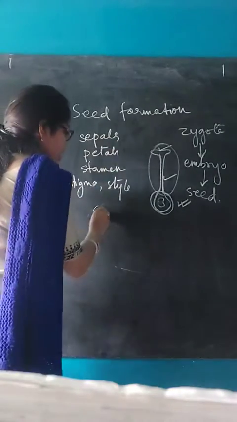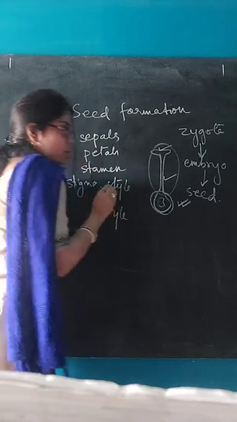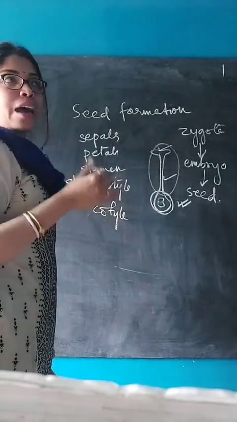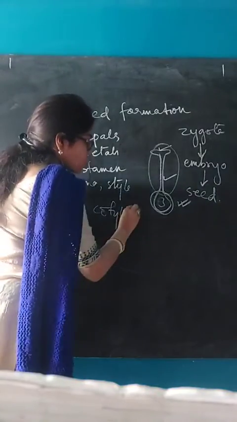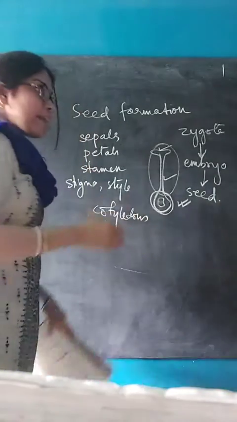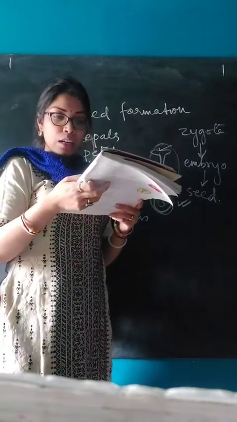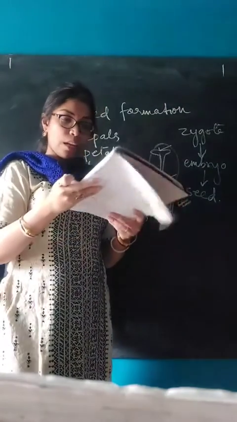We all know that some seeds have two cotyledons, for example peas, and some have a single cotyledon. So two cotyledons will be there, and an embryonic axis. What is an embryonic axis? We will get to it later on.